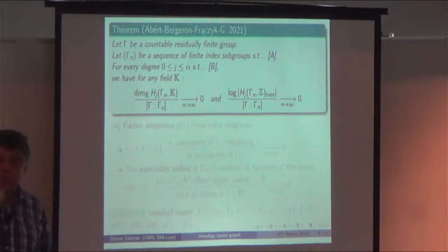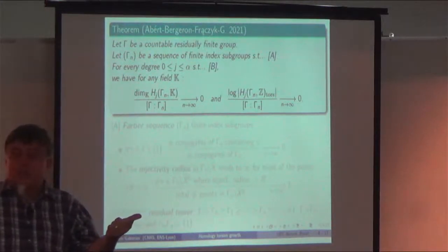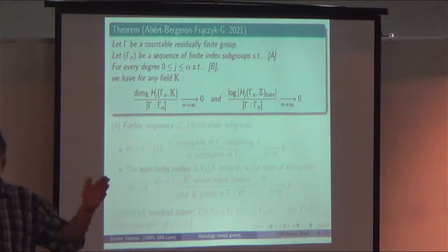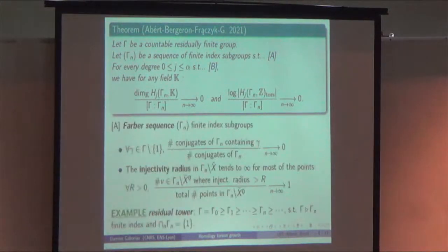Okay, so now I have to tell you which kind of sequences we consider and which kind of groups and the corresponding alpha. Okay, this is clear? Good. So the type of sequences we consider are, in general, Farber sequences.